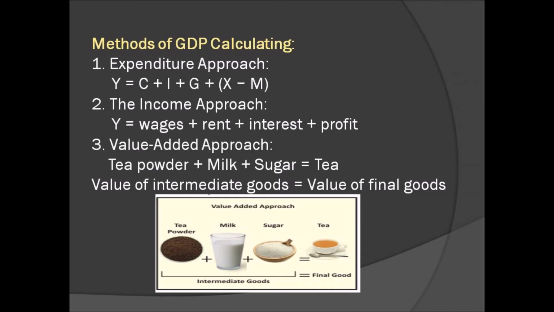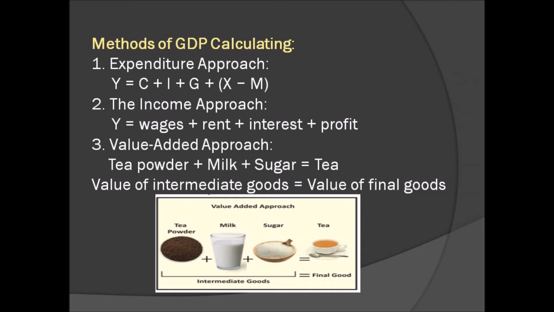In this value added method, the sum of the value added by all the intermediate goods used in the production gives us the total value of the final goods produced in the economy. For example, a cup of tea served to you in a hotel is the final good, and the goods like tea powder, milk, sugar, which are used to produce the tea, are said to be the intermediate goods.